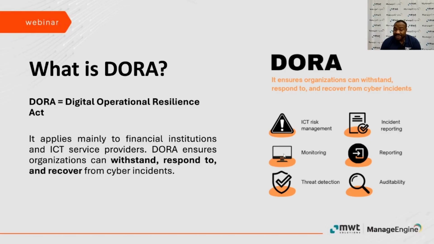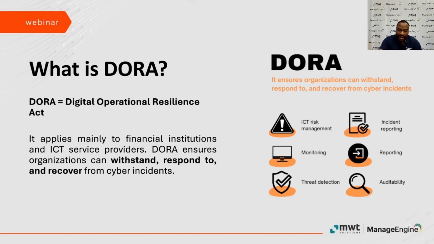DORA simply means Digital Operational Resilience Act, which ensures that organizations like financial organization, ICT, and when I say ICT, I mean organization that deals with communication, are secured, meaning that they can report incident faster, they can manage risks, monitor logs, and in real time be able to capture any threat that is against the organization. And also they have the possibility to audit their entire organization environment.